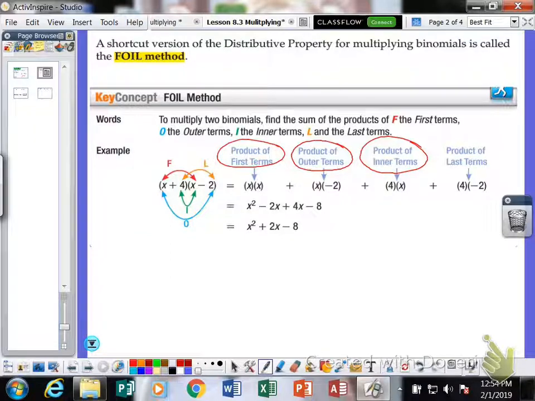And our last terms, which is 4 times -2, which would be there. So this is the FOIL method. You're going to follow those steps when you're multiplying two binomials to find the sum of the products.